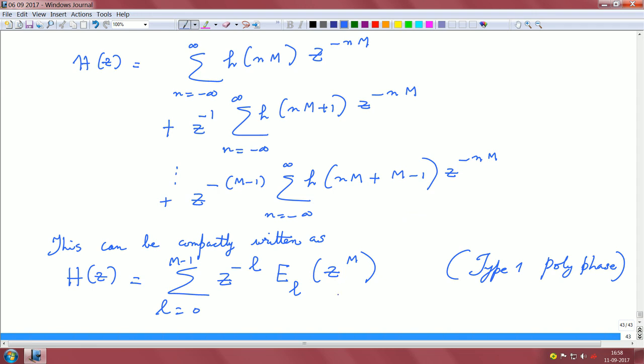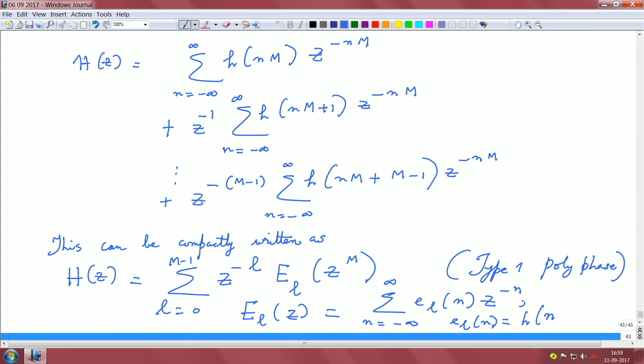So the z power minus M of a basic filter, which is E_L of z^M, is where we can write, where E_L of z we will link it with the impulse response of the filter, which is, so E_L of z is given by this quantity, sum of E_L of n z power minus n, and E_L of n for the nth phase is basically h of nM plus L, where L is between 0 and M minus 1.